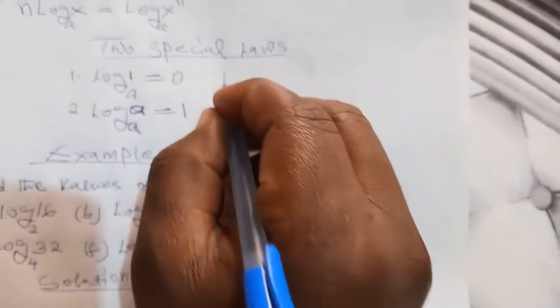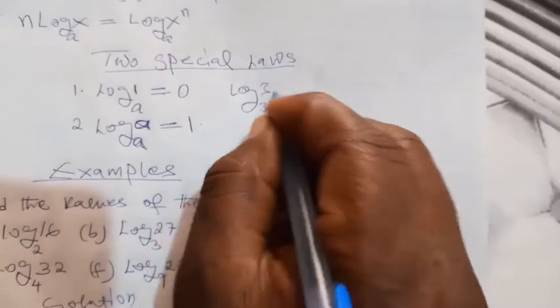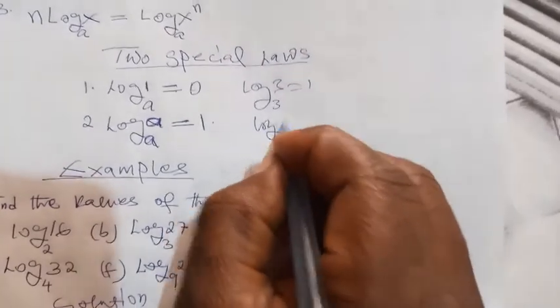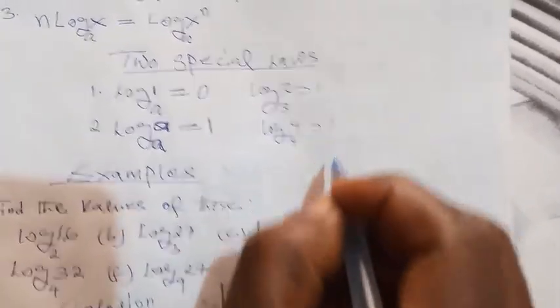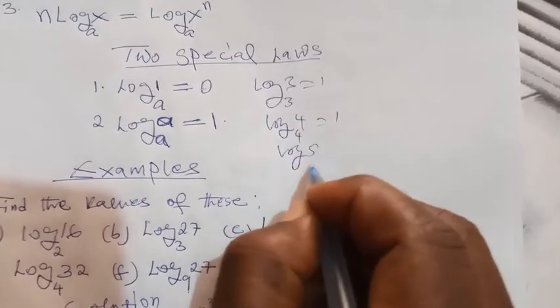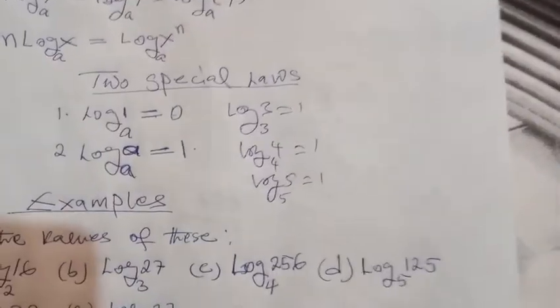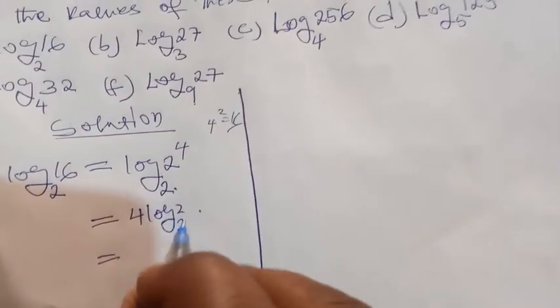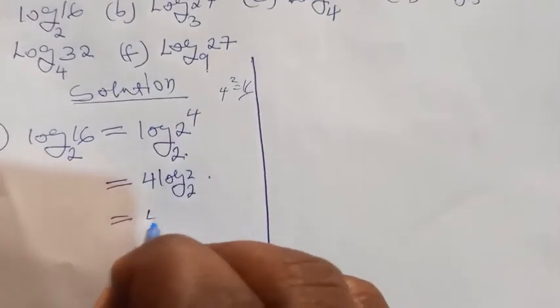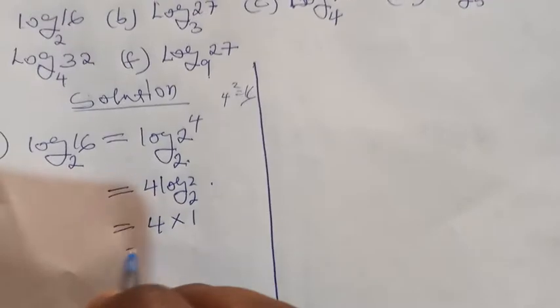So log 3 base 3 would be equal to 1, log 4 base 4 is equal to 1, log 5 base 5 is equal to 1, log a base a is equal to 1, and so on. So now we have log 2 base 2 is equal to 1. That means 4 times 1, which is equal to 4.